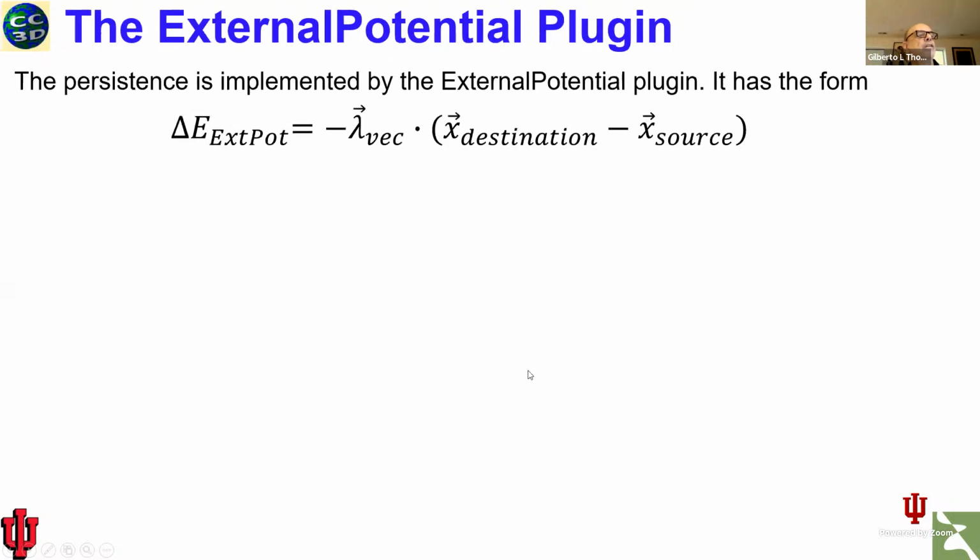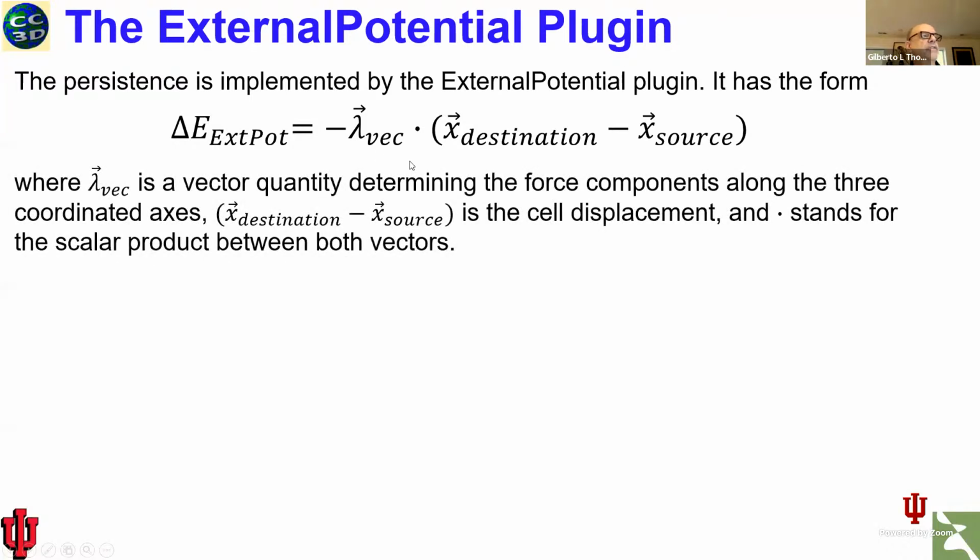So the external potential follows that expression, where we have a constraint as usual, lambda vec, which is a vector with 3 components, each one following the coordinate axes, like lambda vec x, y, and z.